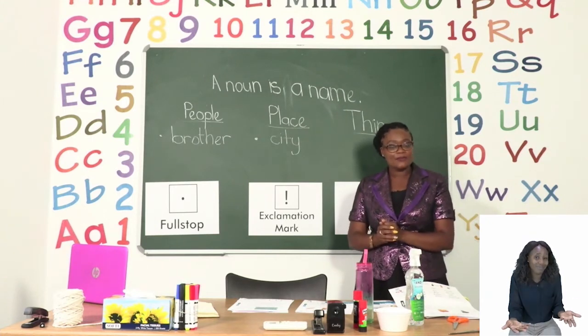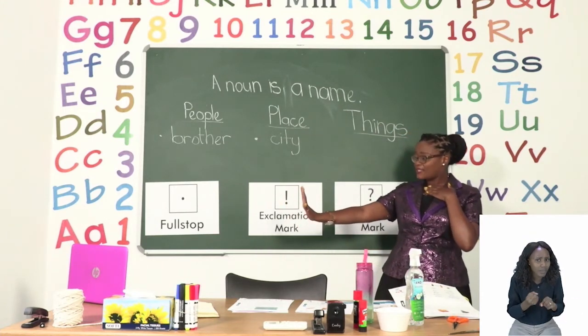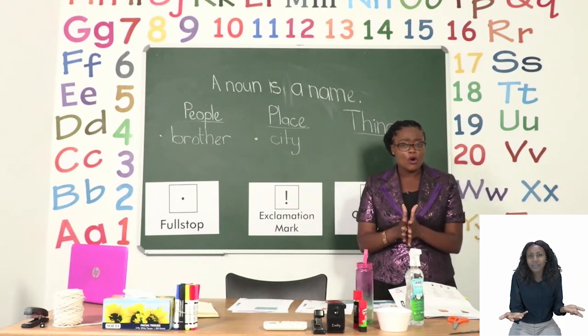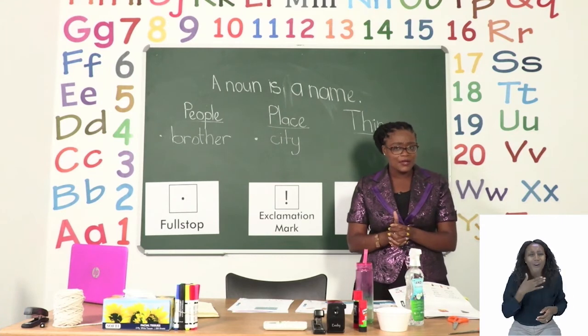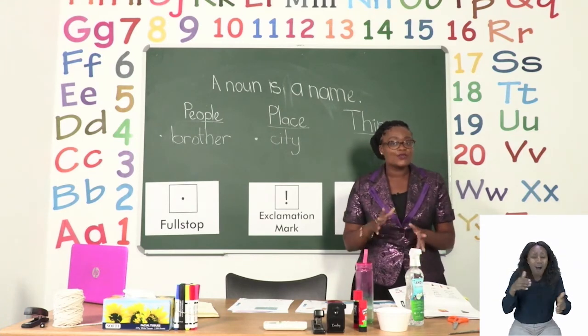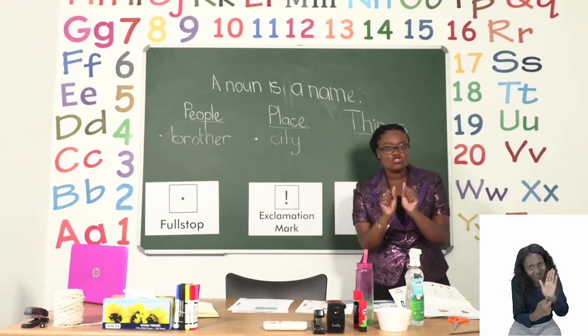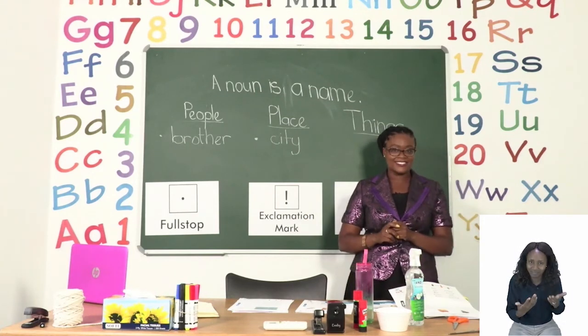It can even be something like, oh, stop that bus! And you can tell that there is an emotion there that is being expressed, which is urgency. So we use an exclamation mark when we want to put a strong point across.